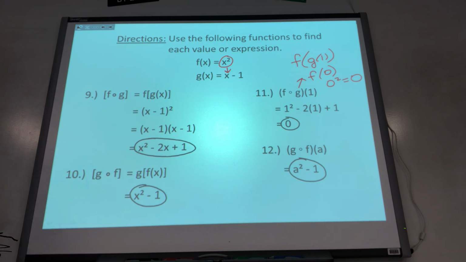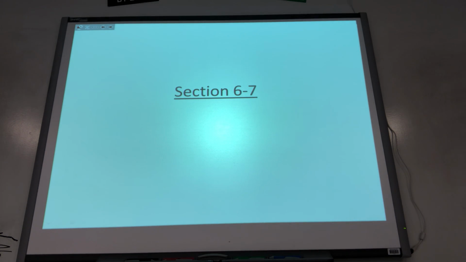Okay. Now, let me see here. We've been in 6-6 for a while. That's the last part that I'm going to review from 6-6. So 6-7, I'll put a couple examples up here of finding inverses.